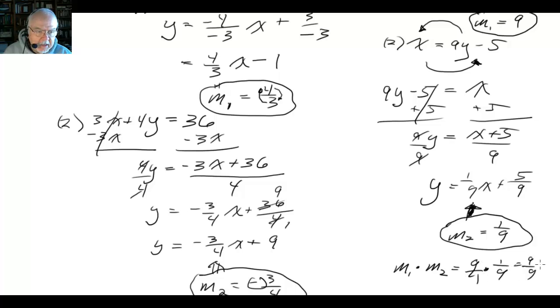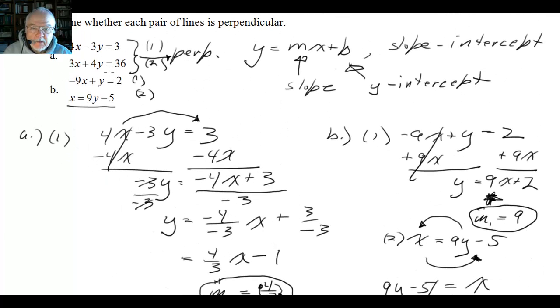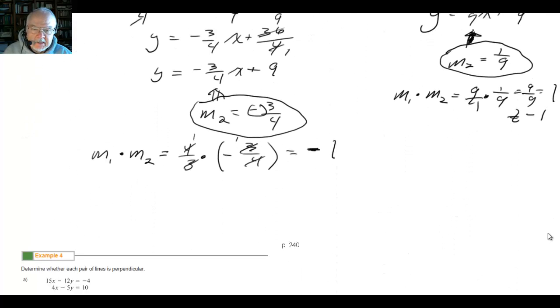Because 9 times 1 is 9, 1 times 9 is 9. 9 over 9 is 1. And it's plus 1. And that is not equal to -1. Therefore, these are not perpendicular.